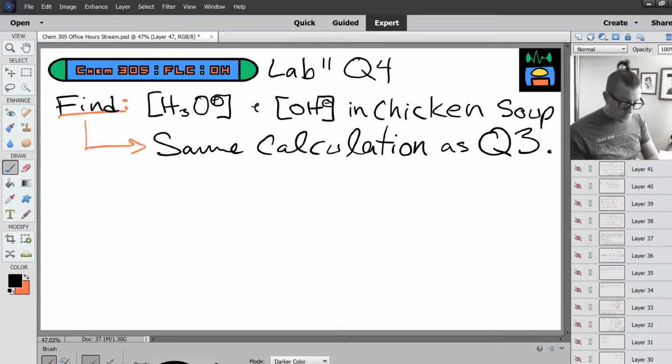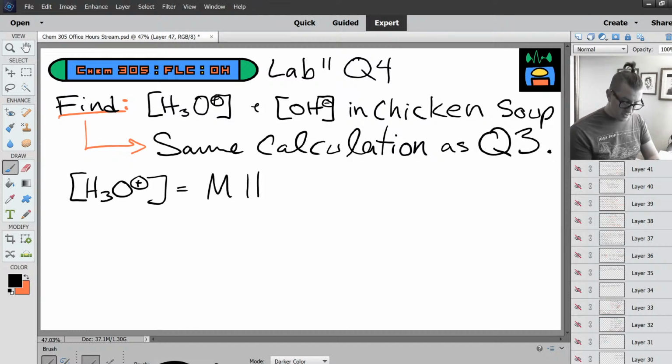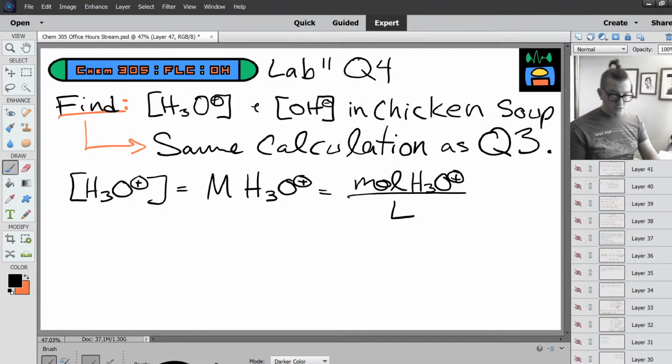All right. So remember, this is the same thing as molarity of hydronium. And we know molarity is equal to moles of hydronium over liters. All right?